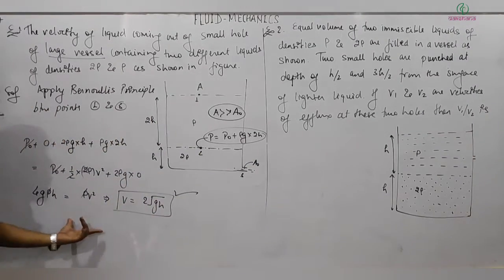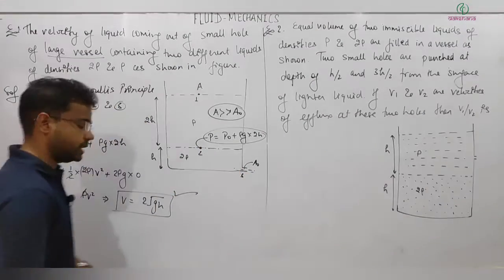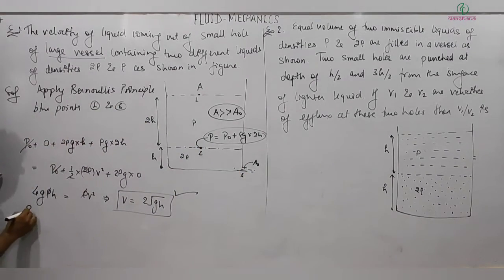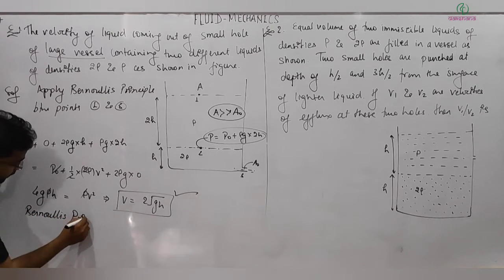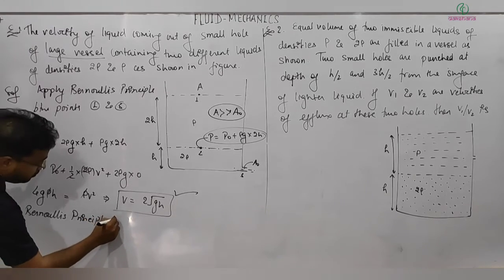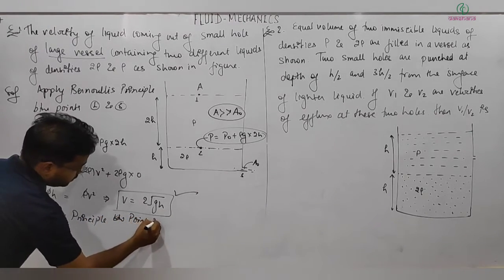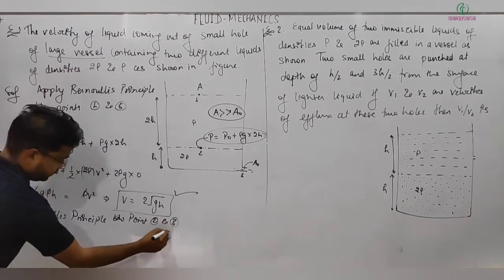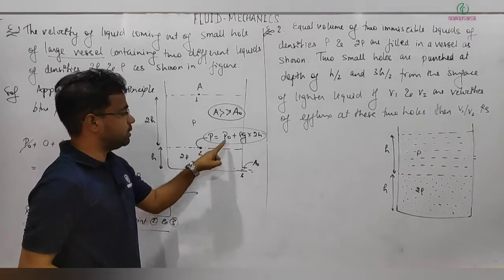So let me get the answer for the same velocity by applying Bernoulli's principle between point 2 and 3. In this situation the pressure at point 2 will be equal to this.